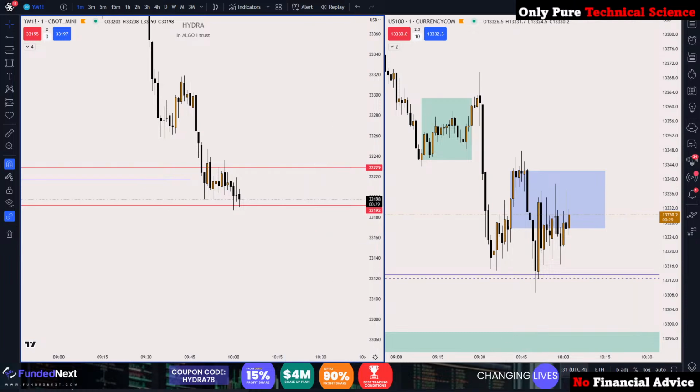And we are inside of our silver bullet, 10 to 11. That's when we look for a setup that will hit a fair value gap, and then it will drop or go towards the moon. So let's look for that. And I told you guys to be specific in silver bullet, 10:20 to 10:30.